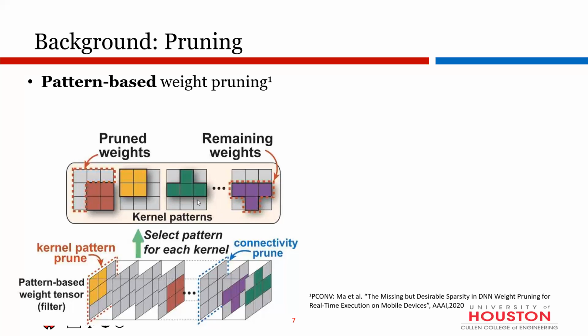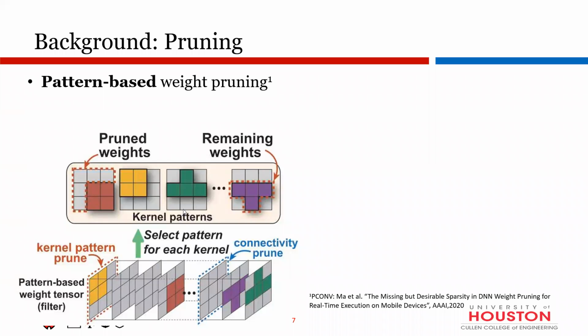And in this way, you can easily create the index for different patterns, and also for the kernels that share the same pattern, you can group them together to do the computing. In this case, the pattern-based approach can be very hardware friendly.